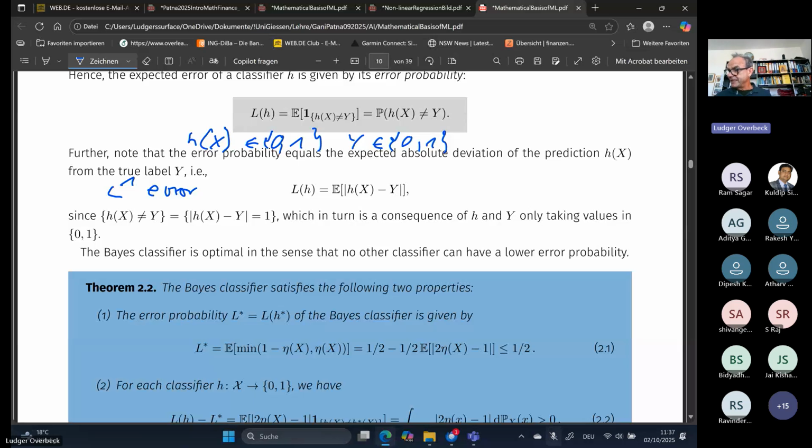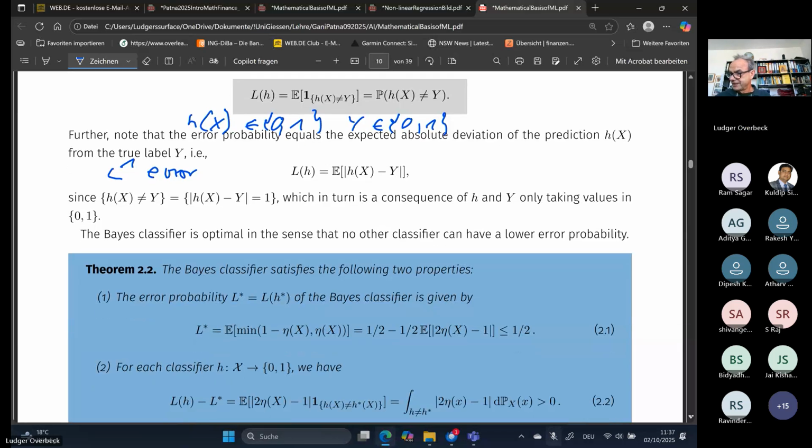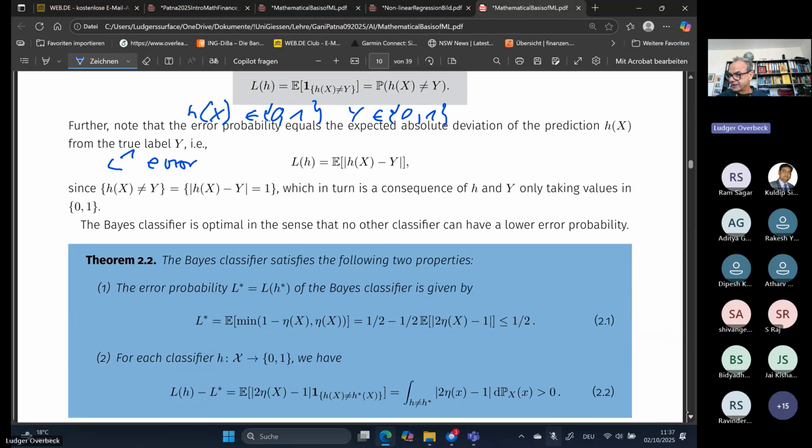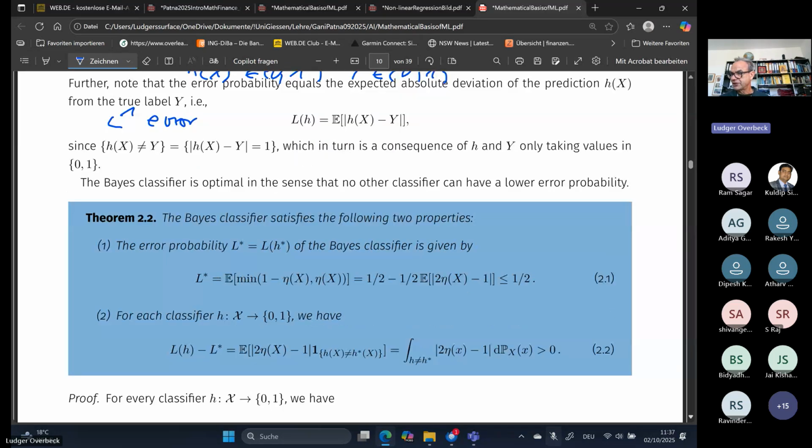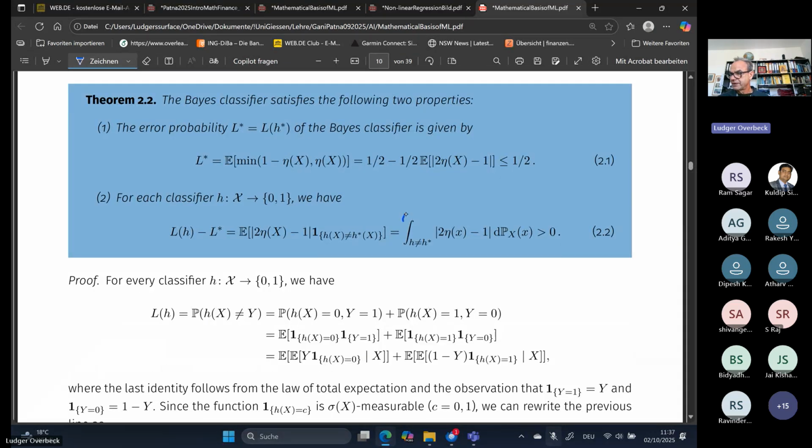That's what's called the Bayes classifier. And you have some formulas here. For any other classifier, you can actually calculate this.